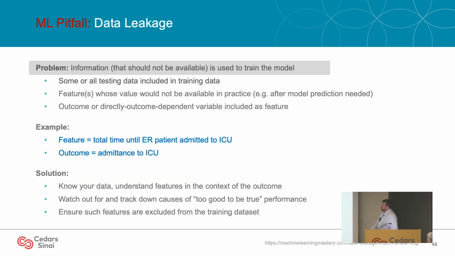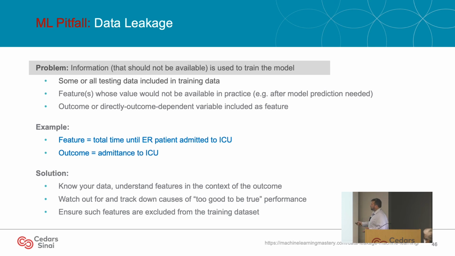So what is data leakage? This is another ML pitfall. So a problem here is that we have information that should not be available, but it's still in the data set, the training data set that's used to train the model. So for instance, maybe you accidentally have some or all of the testing data, and we'll cover the difference between testing and training in a second. But you have some of the testing data accidentally included in the training data set.